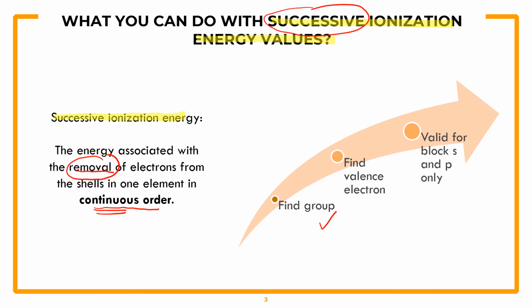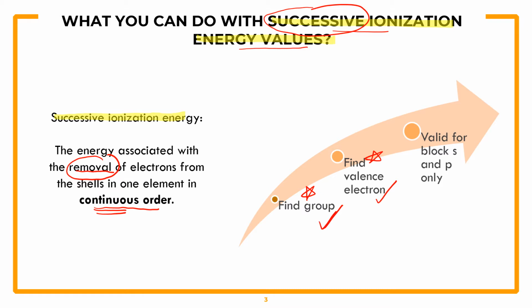Caranya adalah dengan menggunakan successive ionization energy values. So, kalau kita diberi nilai successive ionization energy, maka you are able to find the group of that unknown element, and also you can find its valence electrons as well. Okay, so dua benda ni sangat penting.